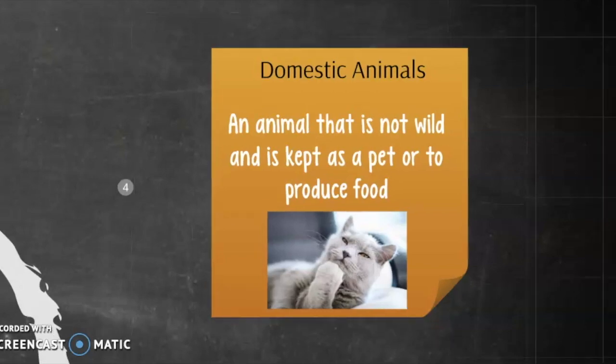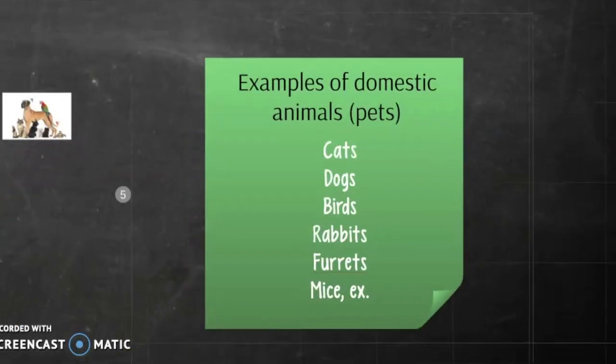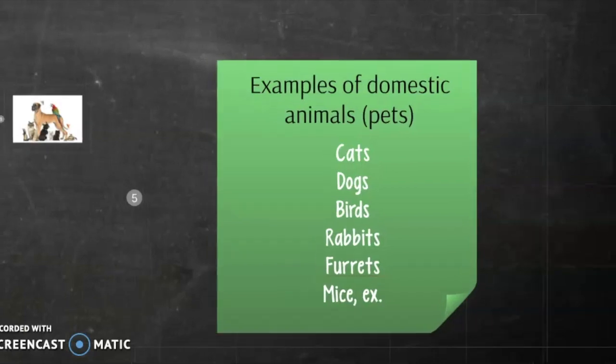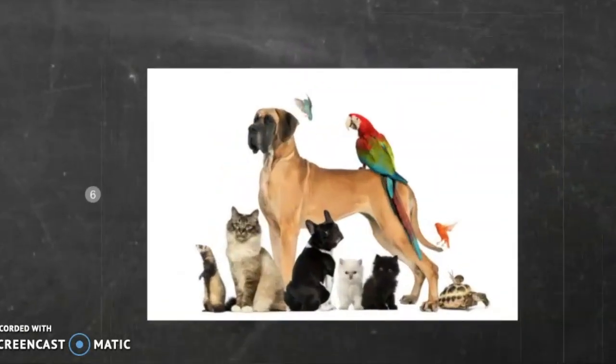Here's a couple of examples. For example, we can see cats in houses, dogs, some kinds of birds, rabbits, ferrets, mice, and other kinds of animals. These specific types of domestic animals are also called pets, des animaux de compagnie.